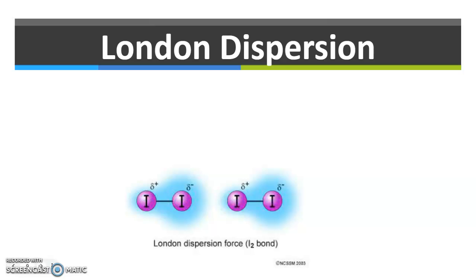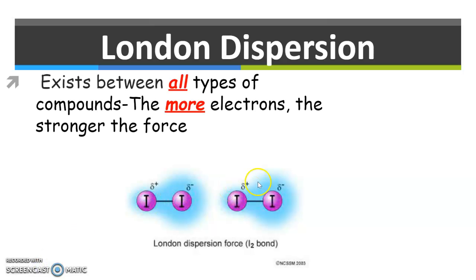And then we have our London dispersion forces, and these are also known as LDFs, and these exist between all types of compounds. So it doesn't matter what kind of compound it is, they all have LDFs. So you can guarantee that all compounds will have an LDF. So the more electrons, the stronger the LDF, but at the end of the day, this is the weakest of the IMFs.